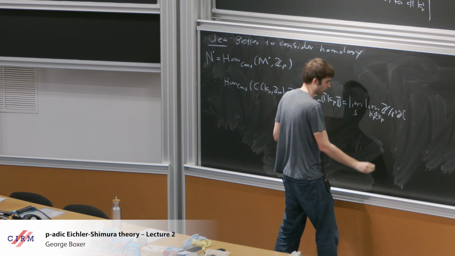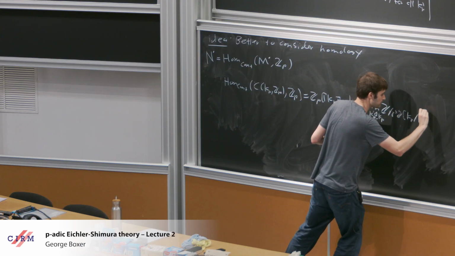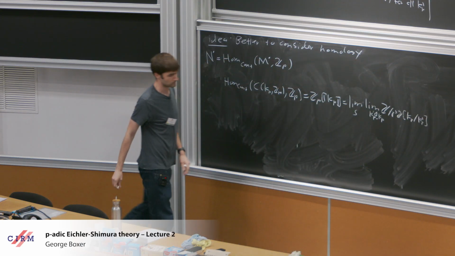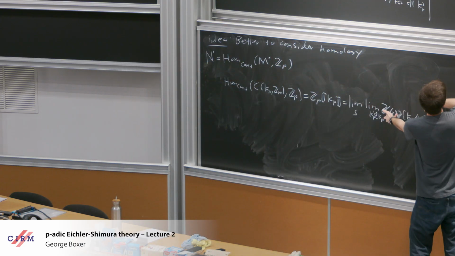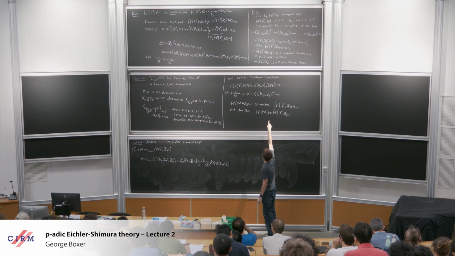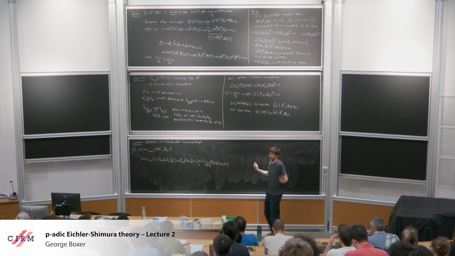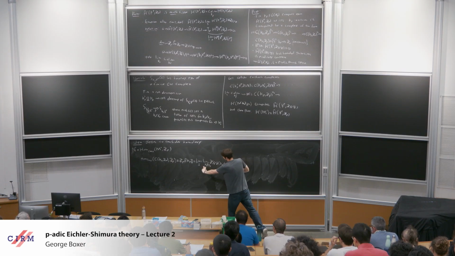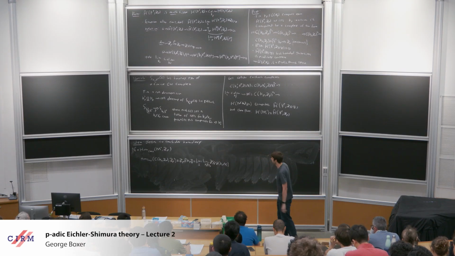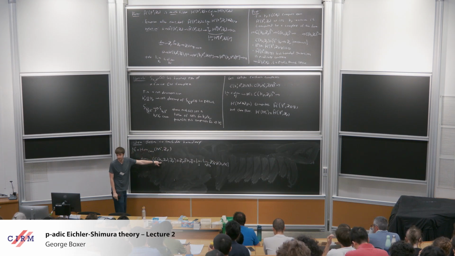Anyway, this is in some sense the same as this. It's just functions on this finite group valued in Z mod p^S Z, except that now instead of taking the colimit over the level, we take the limit over the level, and we also take the limit over S. So that's the dual of the space of continuous functions.